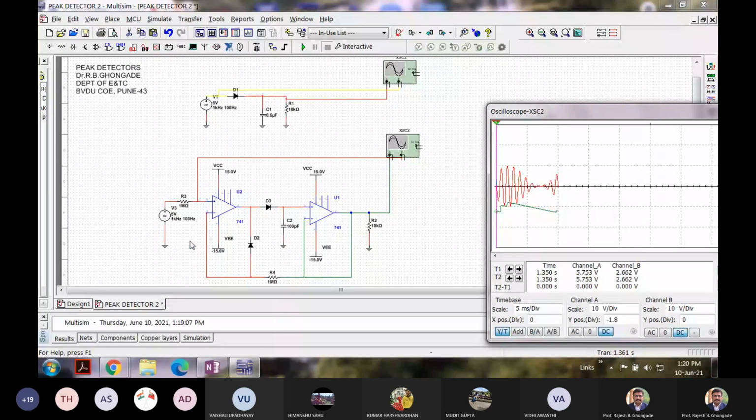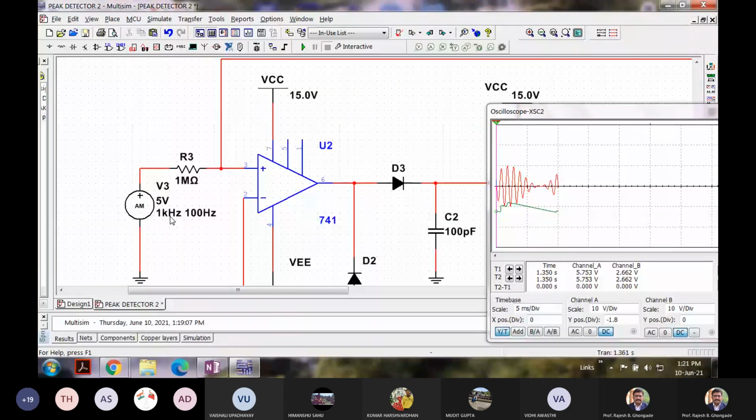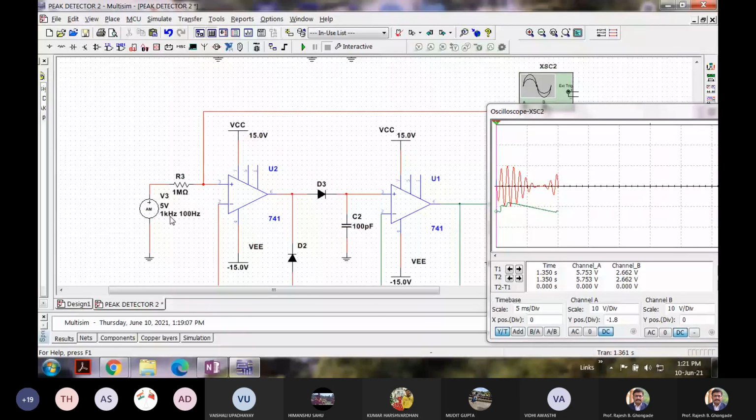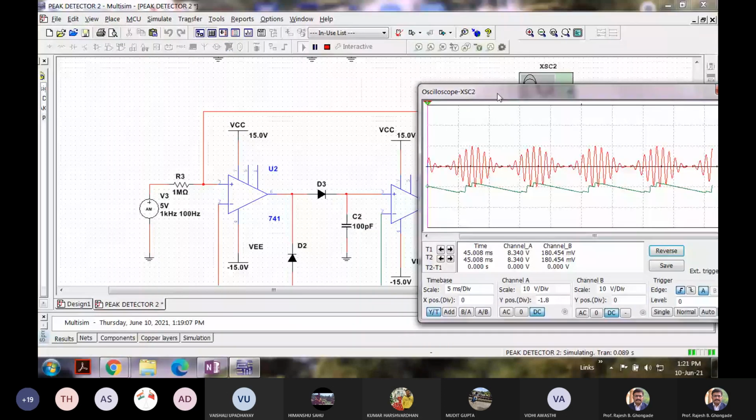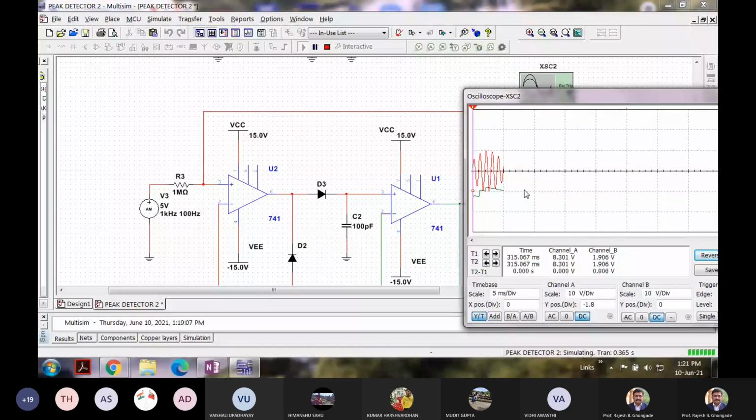You can see that I'm using what is called an AM signal, an amplitude modulated signal. I hope you are doing this right now in analog communication. So you know what an amplitude modulated signal is, right? The red trace is the amplitude modulated signal, and what I am trying to do is detect the peak. As you can see, we are getting the peak.